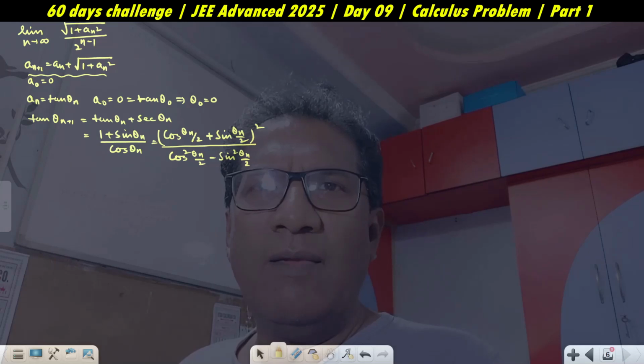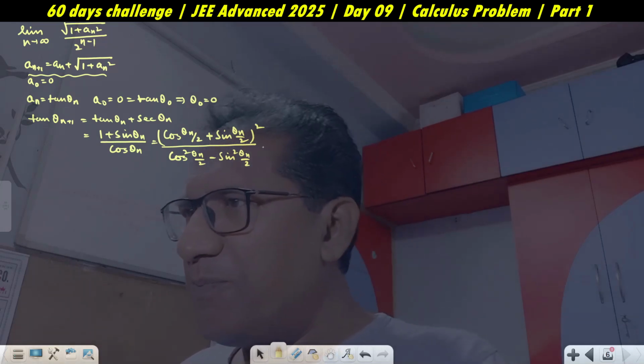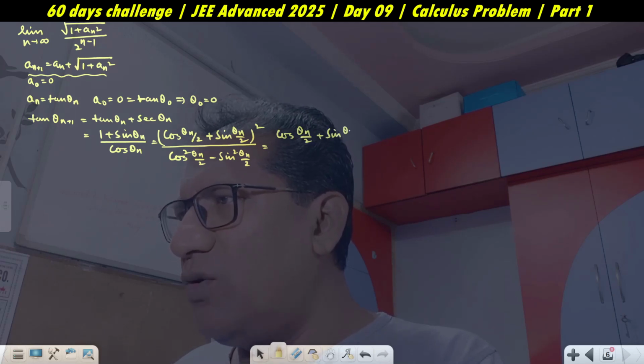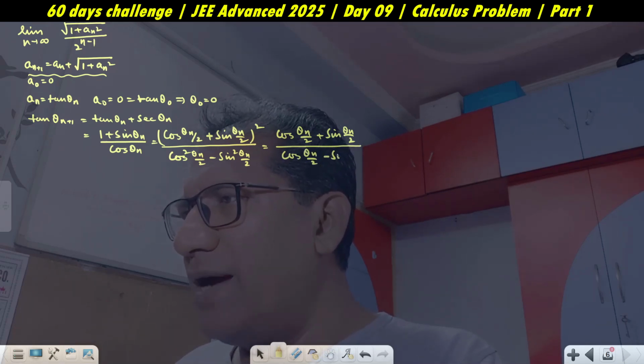These are all submultiple angles. So it can be written as (cos theta n over 2 plus sine theta n over 2) divided by (cos theta n over 2 minus sine theta n over 2).